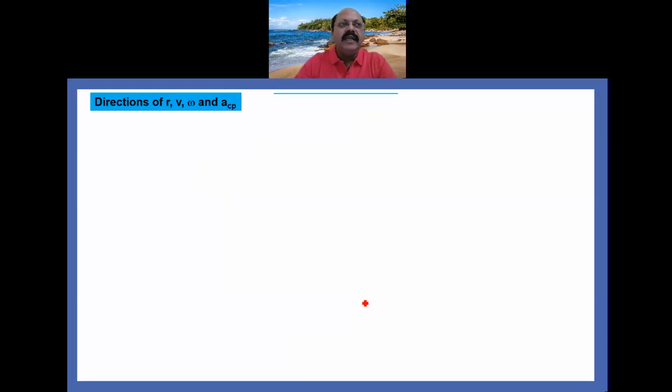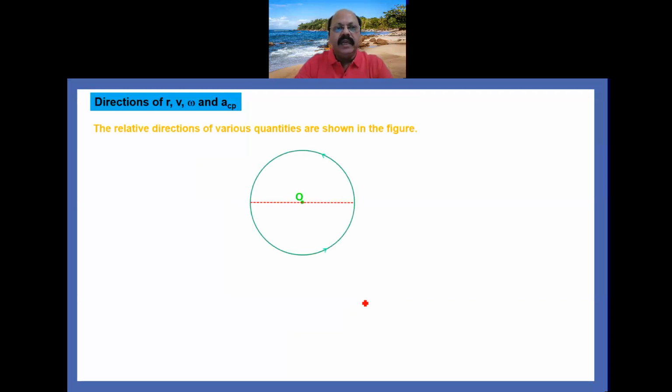Now you understand the direction of R, V, omega and ACP, the relative directions of the various quantities that you see in this diagram. This is the diagram in which a particle, body, or object is moving with constant speed in a circular path. That is, the motion of the particle is uniform circular motion.